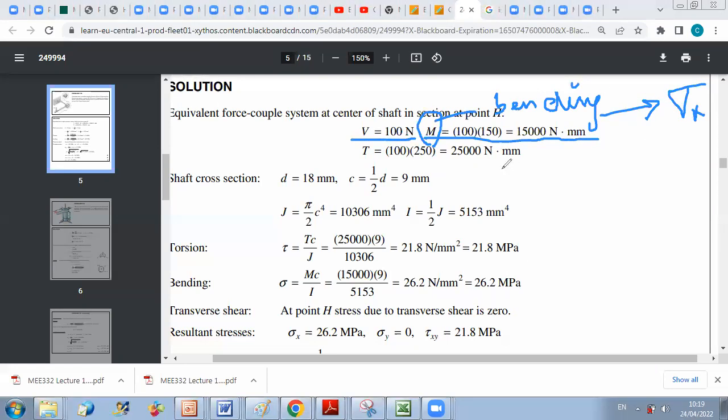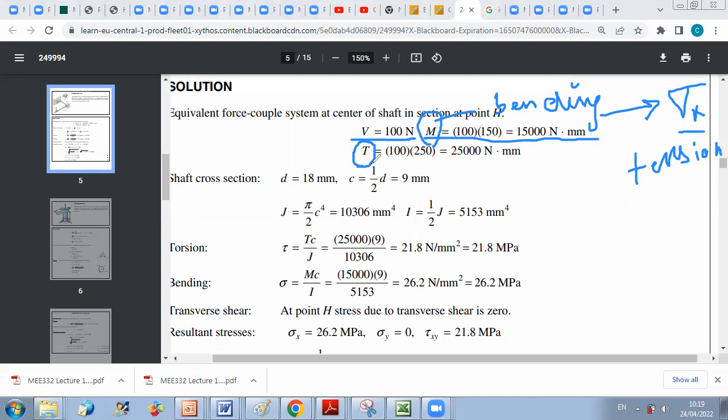And it is the value of this stress. First, you do the right-hand rule to know if it's tension or compression. So you depict the direction of the moment, and you will see if it will cause compression or tension. At the upper level here, we found out that it's tension. And the next step is to say what will be the effect of the torsion moment.